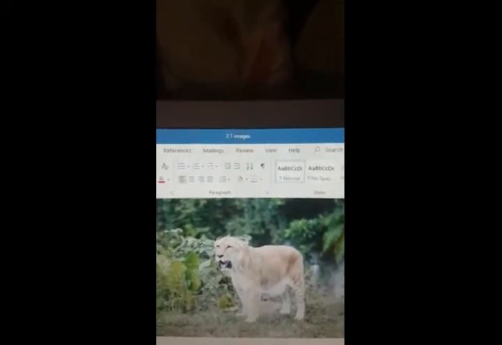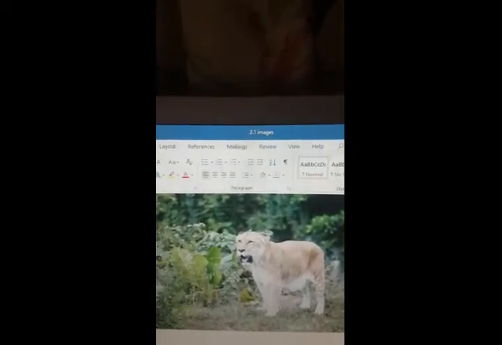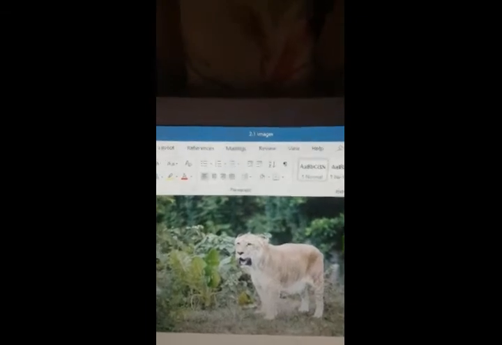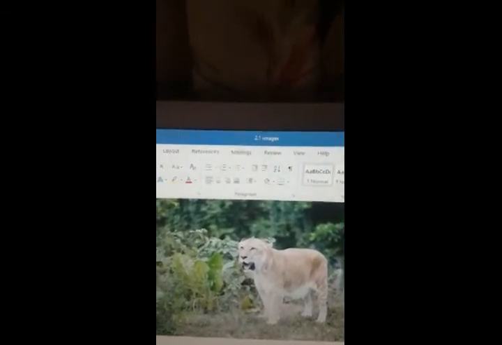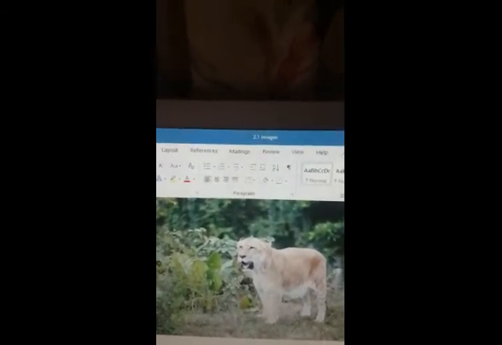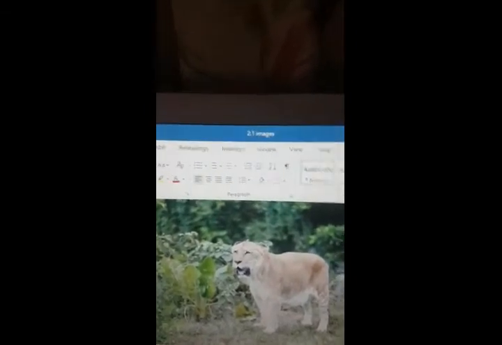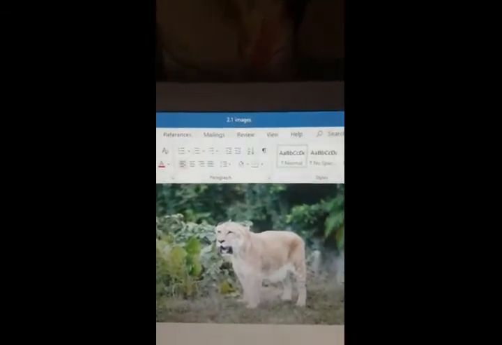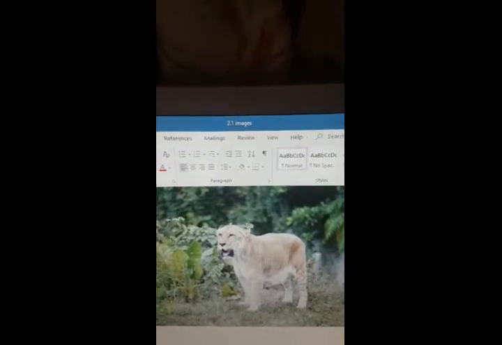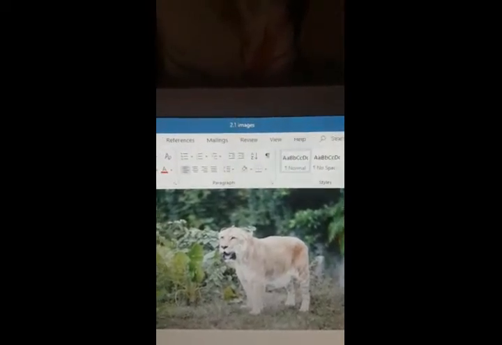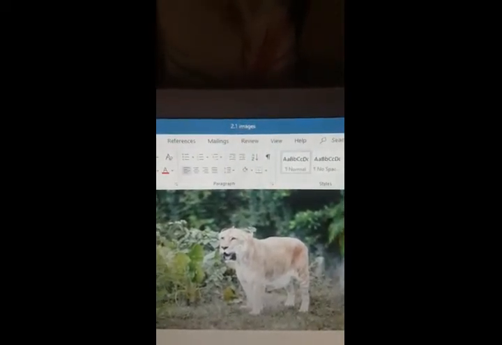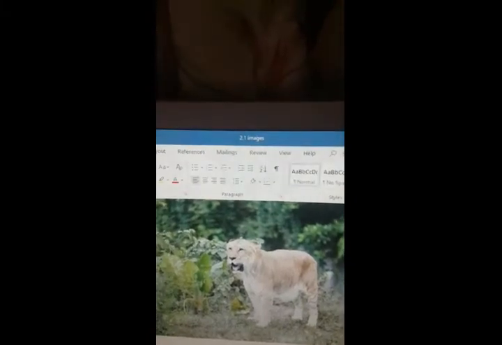No prizes for guessing what this animal is a mixture of. It's called a liger, and it is produced when a lion and a tiger reproduce. The thing with ligers is, interestingly, the females usually are fertile, but the males are sterile.